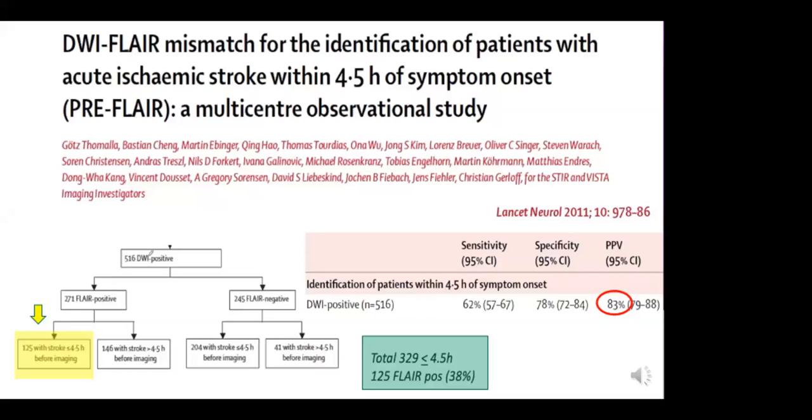All these patients who presented within 12 hours of stroke-like symptoms were subjected to an MRI FLAIR and an MRI DWI. This study concluded that those patients who are within the 4.5 hour period from when the stroke happened will have a mismatch between the MRI DWI and MRI FLAIR.